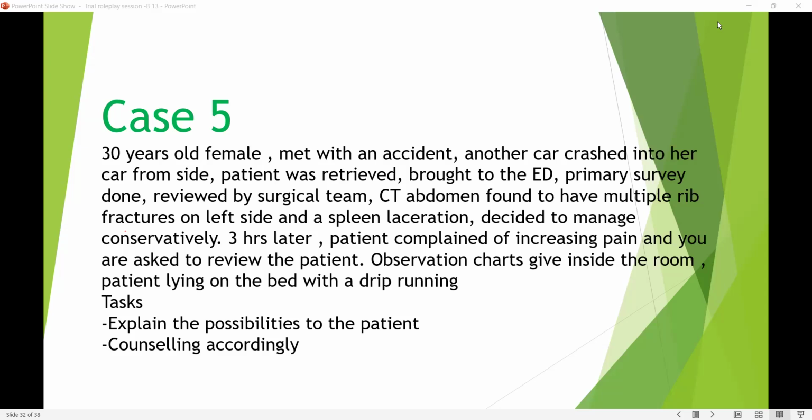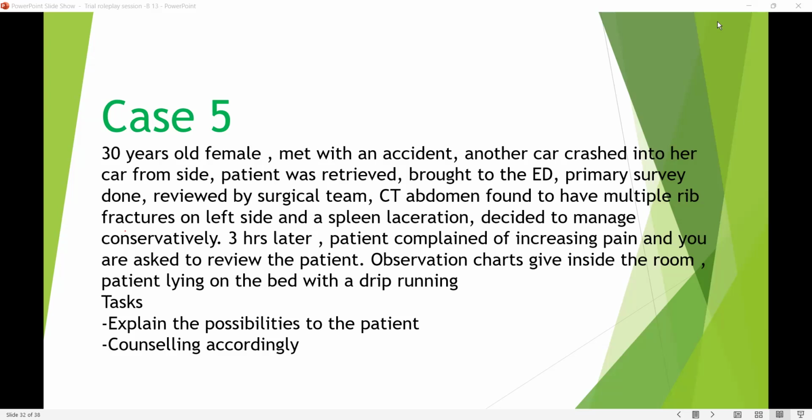So, examiner, can I have the recent set of vital signs of my patient? What do you want to know? I want to know the blood pressure, pulse rate, temperature, and respiratory rate of my patient. Blood pressure 90 by 60, heart rate 110, respiratory rate 18, saturation 96% on room air.